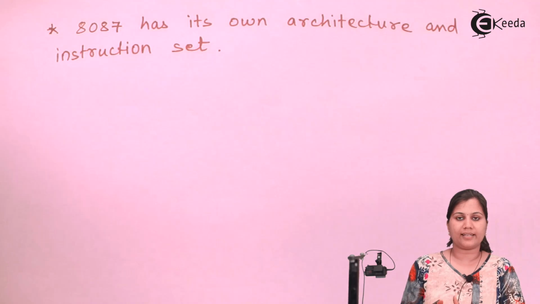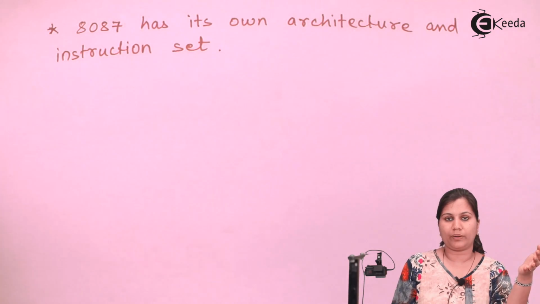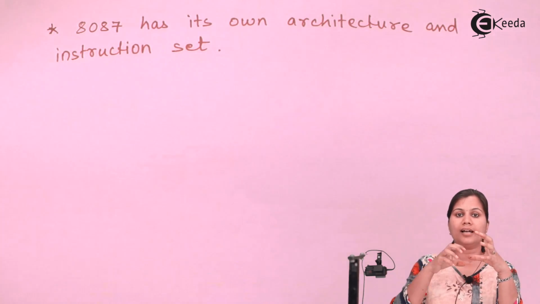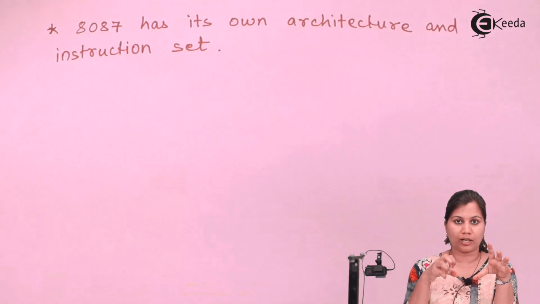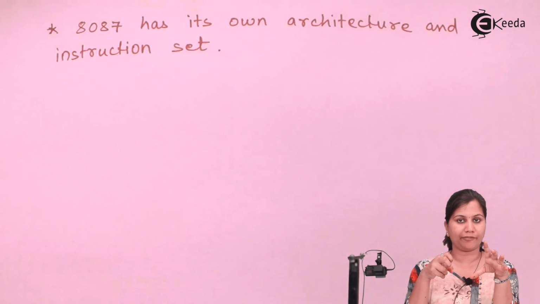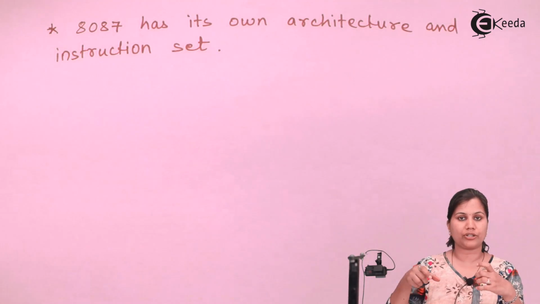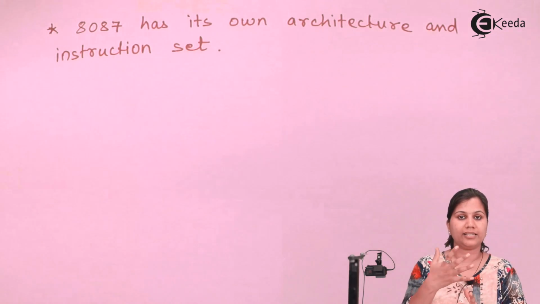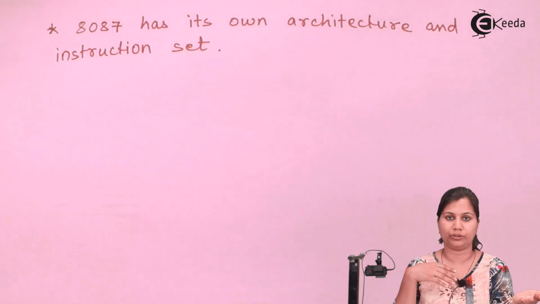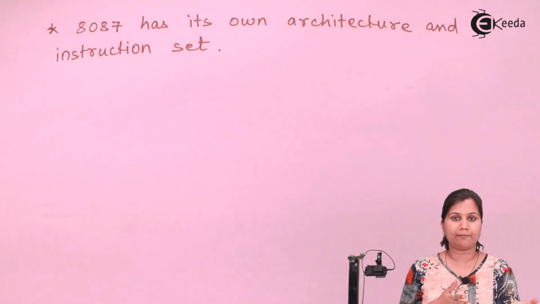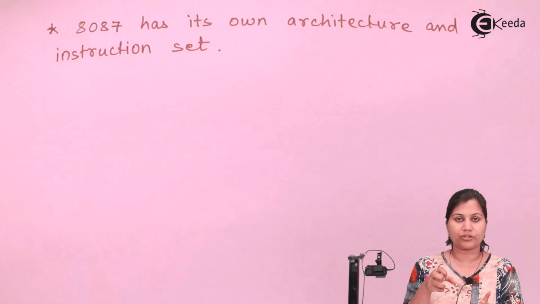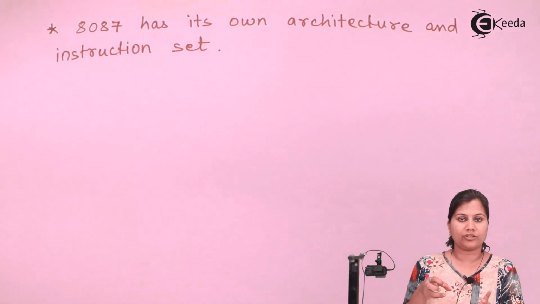Now, as this 8087 is working with the 8086, we know that the 8086 microprocessor first fetches the instructions. Six instructions are fetched at a time. Then these instructions are kept in a queue. After that, the microprocessor starts decoding the instructions and executing them. In the same way, the 8087 also fetches the instructions, decodes them and executes them.